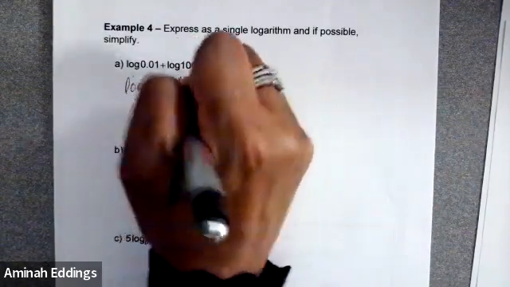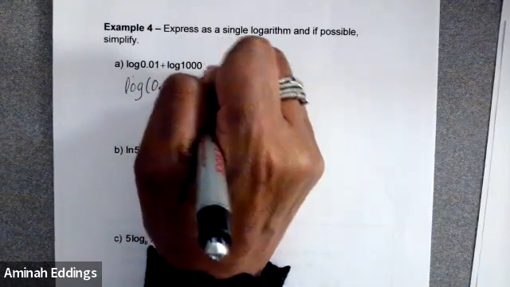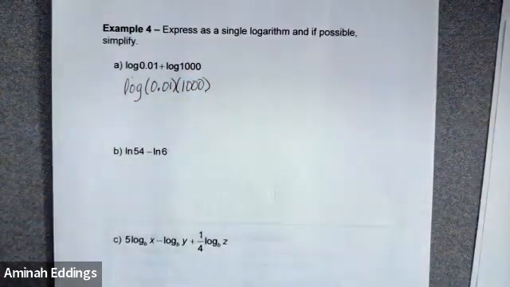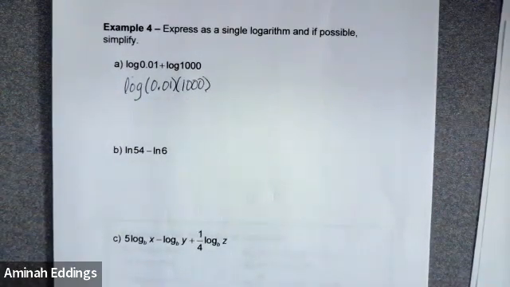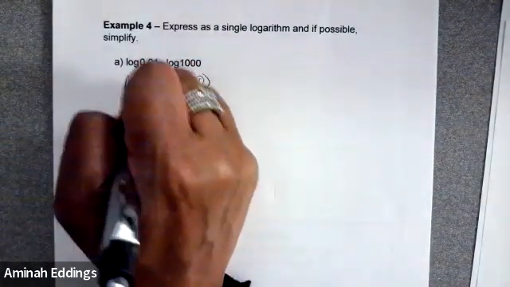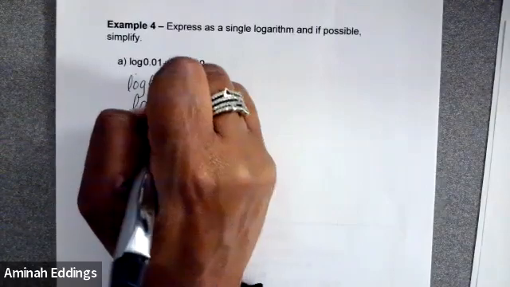So one log. So log of 0.01 times 1,000. Okay. And then we can multiply this together. So what is 0.01 times 1,000? Good. So this becomes log 10.